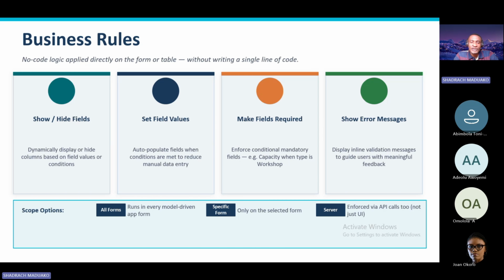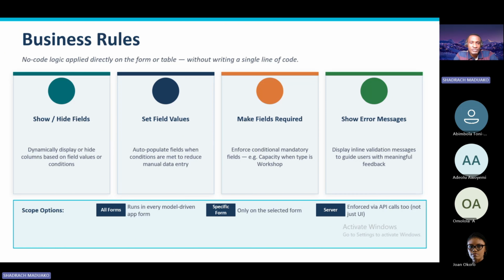Now, some of the things we can do using business rules, I have summarized on this slide here. We can use it to hide certain fields on the form. We can use it to make certain fields visible on the form. Maybe we want to make some field visible based on a specific condition, and we want to hide that field if another requirement or condition is met. This is where business rules come in.